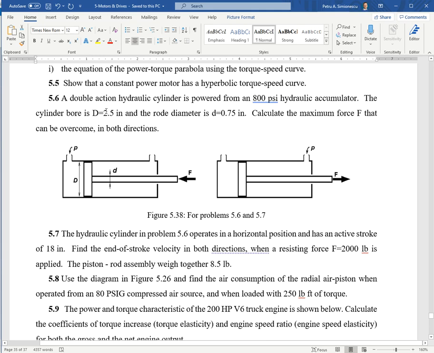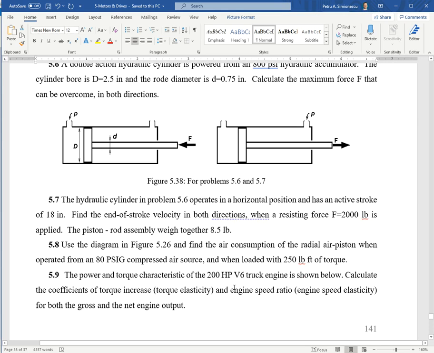In the other case, you subtract: pi times the cylinder bore diameter squared over 4 minus pi times this lowercase d squared over 4, times pressure, gets you the other force.